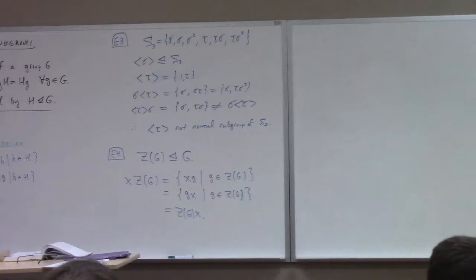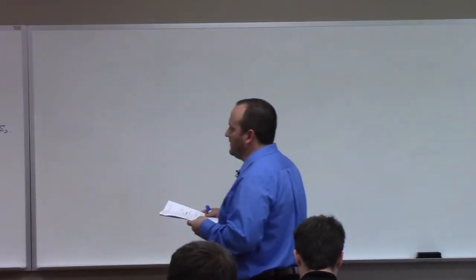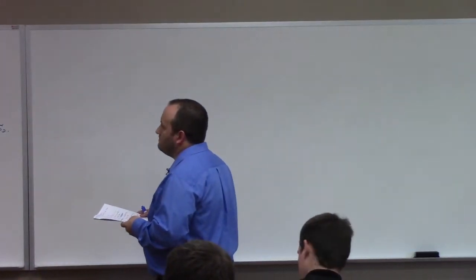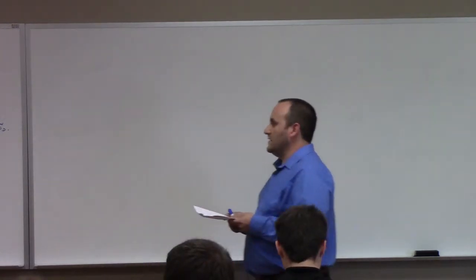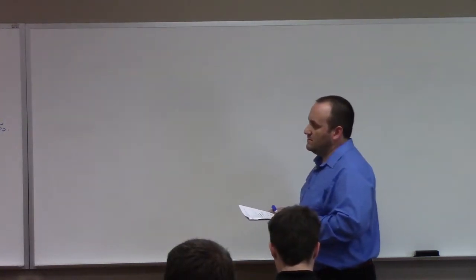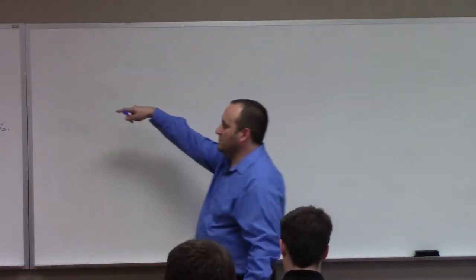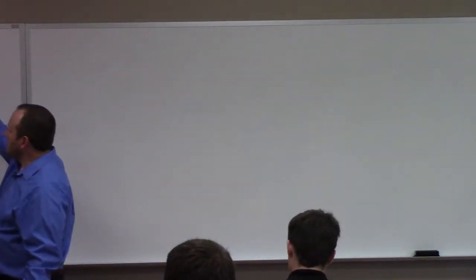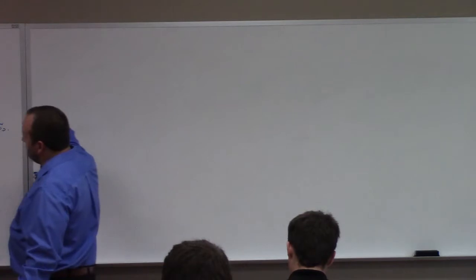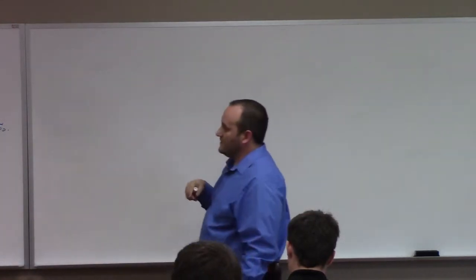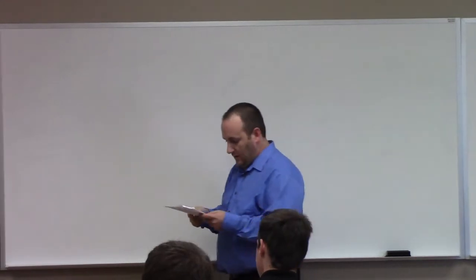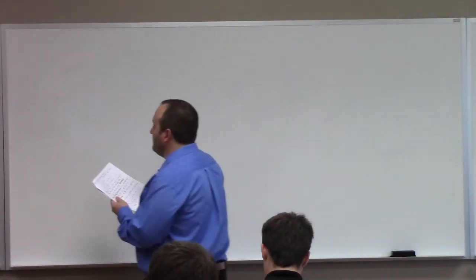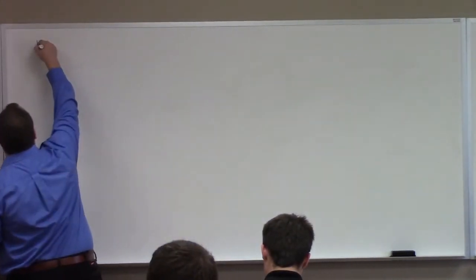If you remember, the center of S3 was just 1. The subgroup generated by sigma is inside S3, but it's not inside the center of S3, is it? And yet it's normal.